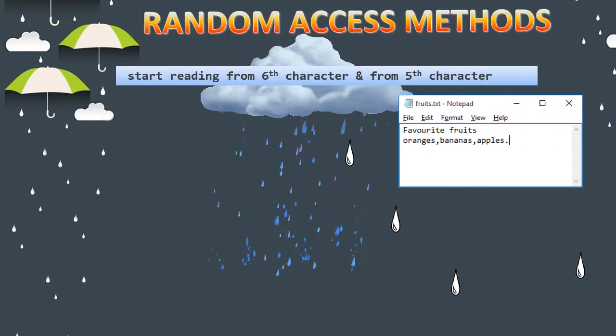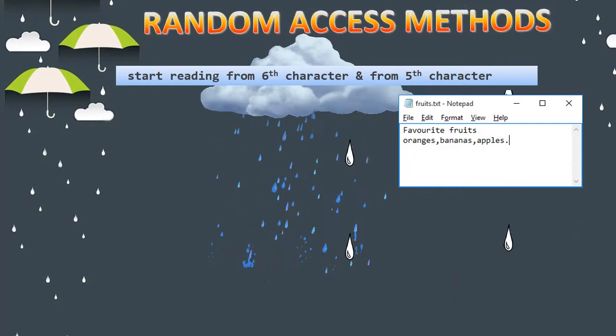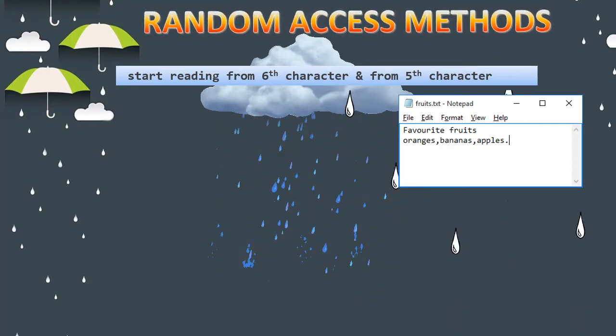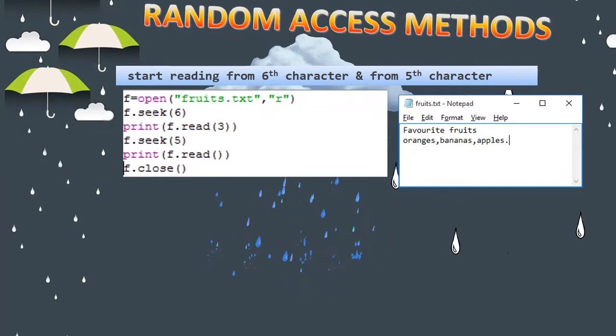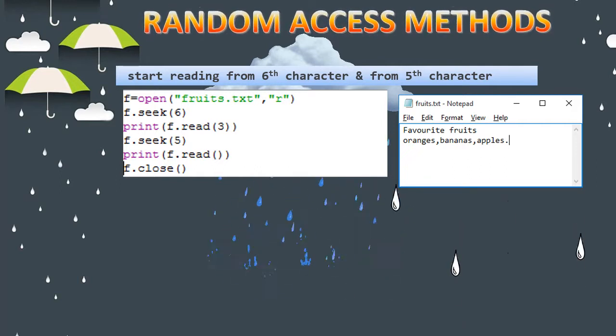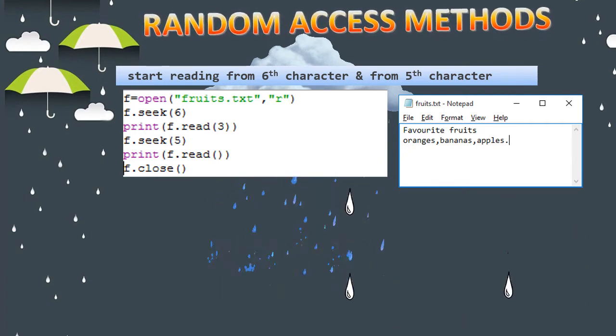Next, we are going to read from the sixth position, and then the fifth position. Consider the same file, fruits.txt. I open the file and simply mention seek of 6. By default the from value is 0, so it is 6 comma 0.